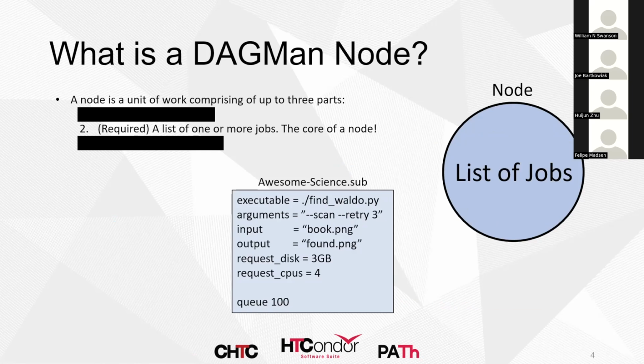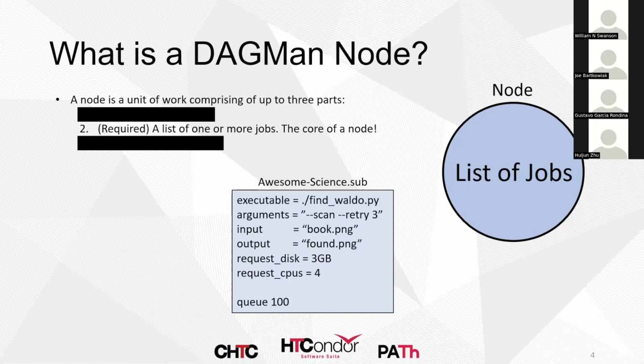Side note here, if you've been to one of these presentations before, you may know a slight difference in rhetoric here. Back in the day, we used to say job, singular, 1, not plural. Why is this? Back in the day when Todd Tannenbaum had his mullet and was doing crazy stuff on some computer in the depths of comp sci, DAGMan only allowed a single job per node.